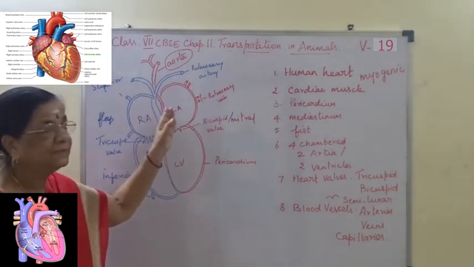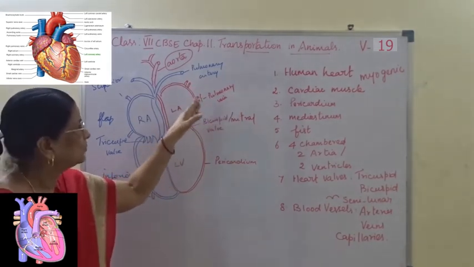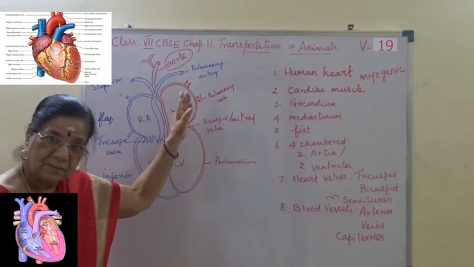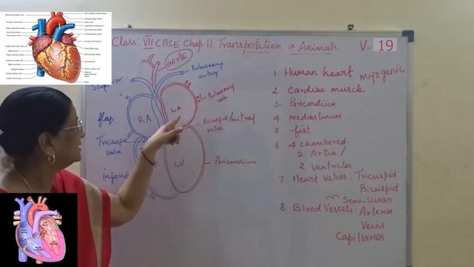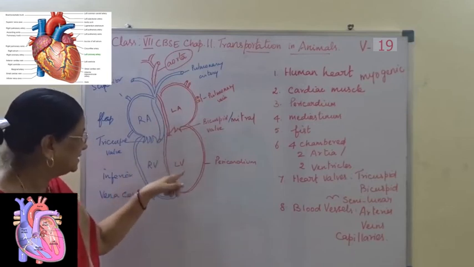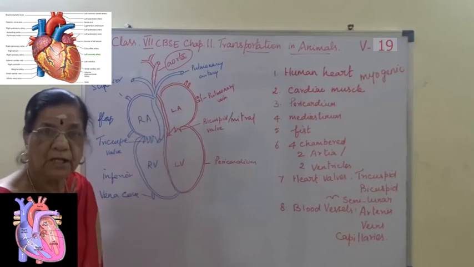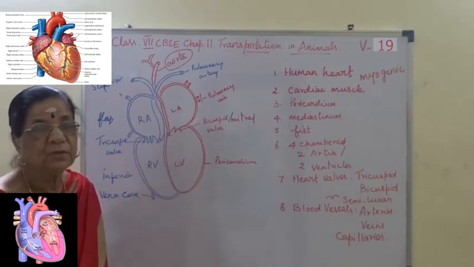Same way, in the left atrium, from the lungs through the pulmonary vein, oxygenated blood is reaching the left atrium, and from there it comes to left ventricle, and then through the aorta it supplies to various parts of the body.